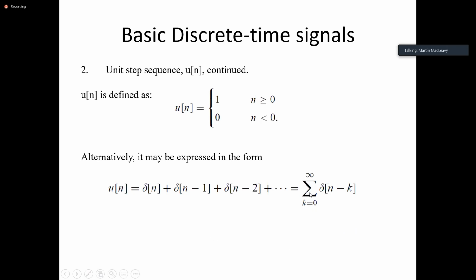It is the sum of terms from k equals 0 to infinity of delta n minus k, so k equals 0, 1, 2, and so on. So this is correct, but the previous one has an error.